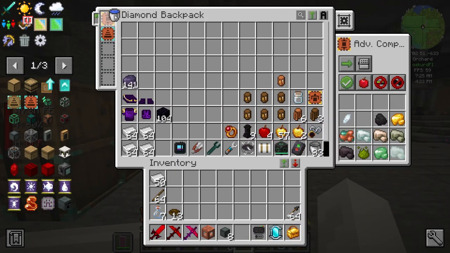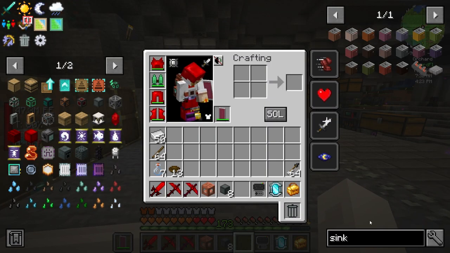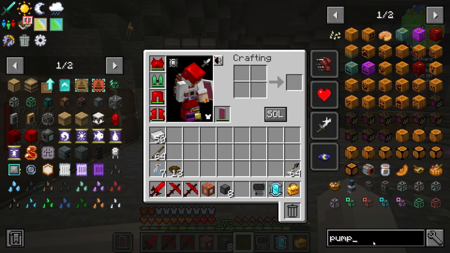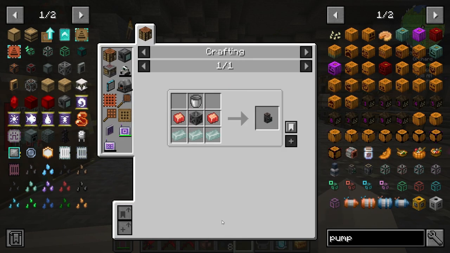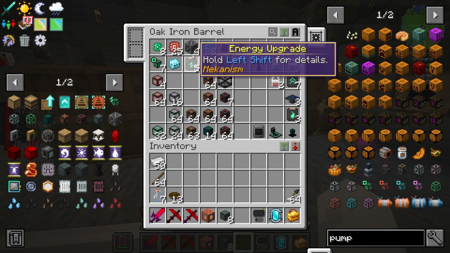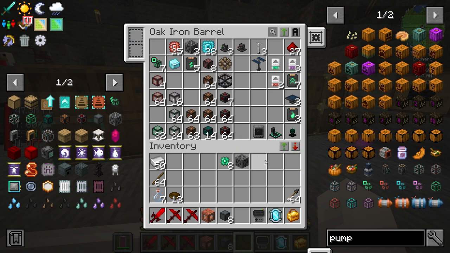And I can build also our diagram a little bit in on my backpack. Then we need pump from Mekanism. This one, so we need one more bucket. Then we need steel casing. I think it was that one.